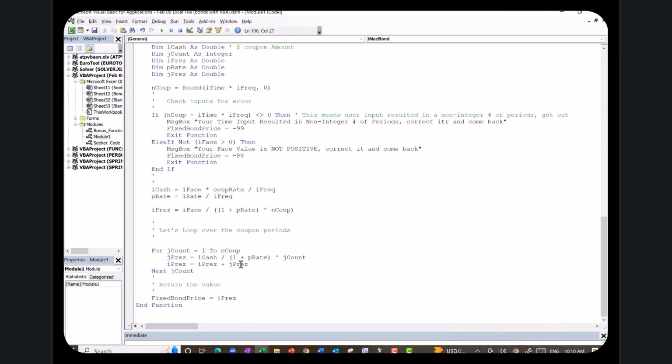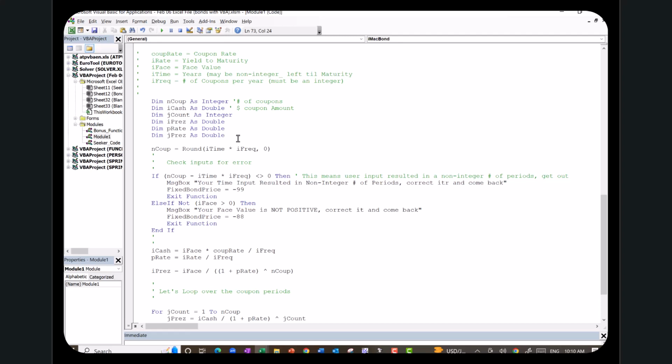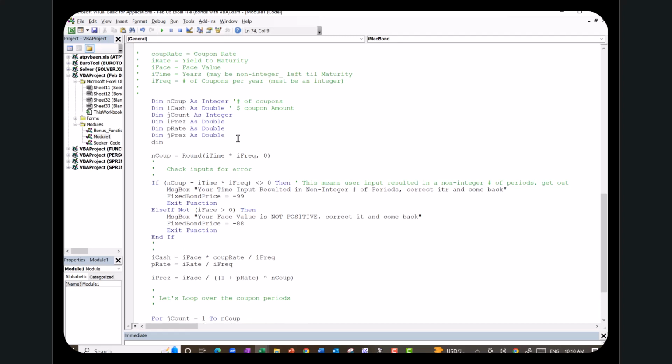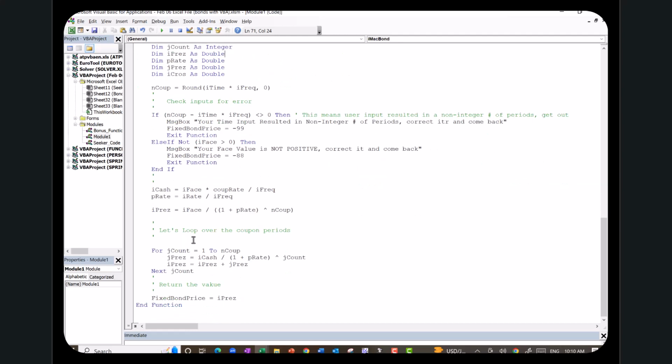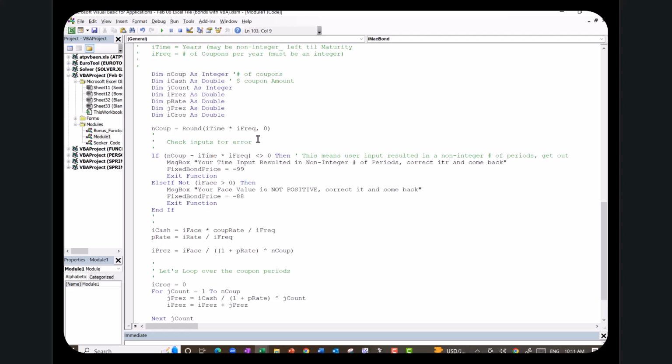So let's do the following. Let's create another placeholder. Let's call this Dim iCross. And before I get in there, I'm going to initialize it. iCross equals 0. And I'm going to have one more thing.